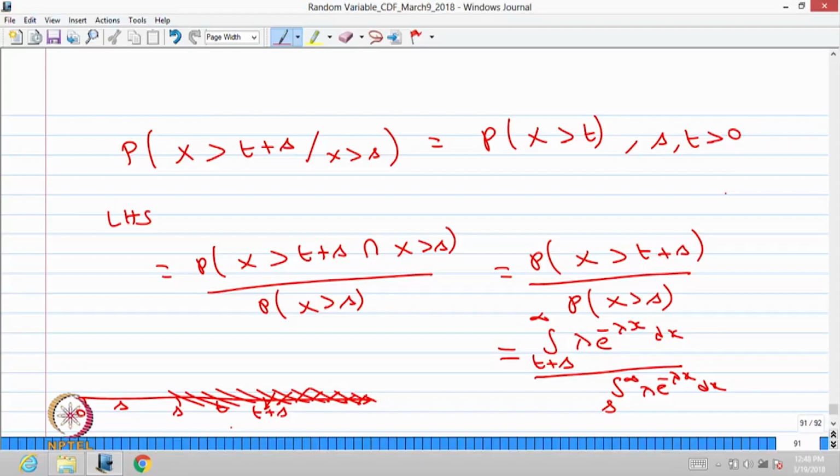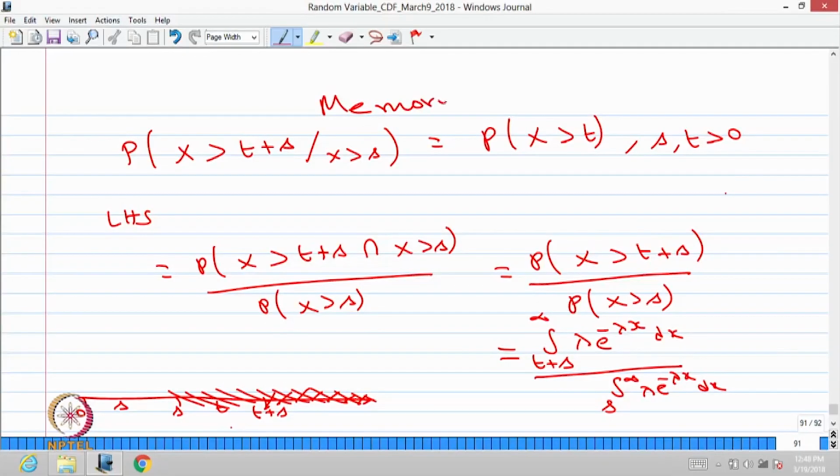This result we call the memoryless property. The random variable is going to take a value more than s, and the probability of getting a value more than t plus s is the same as the probability of getting a value more than t, which is not a function of s. That is called the memoryless property.